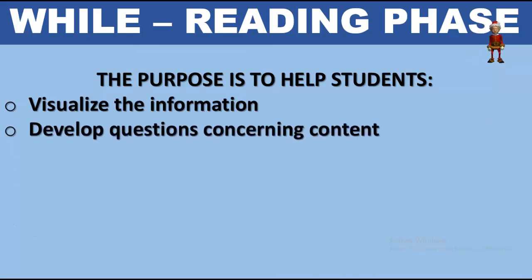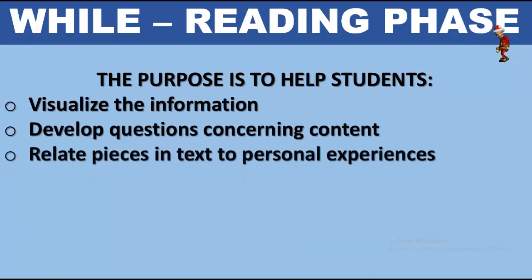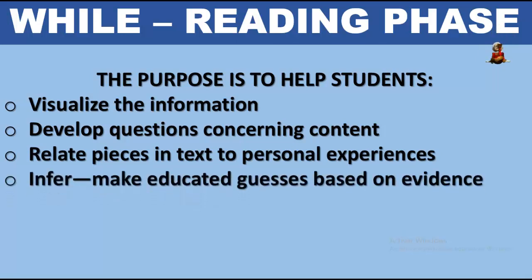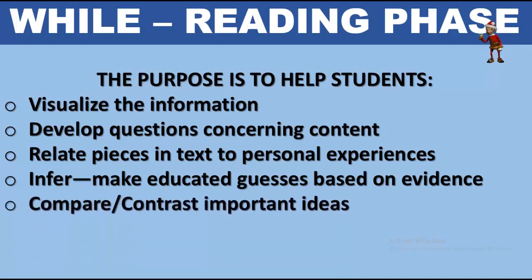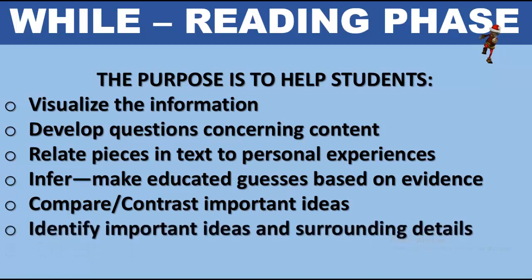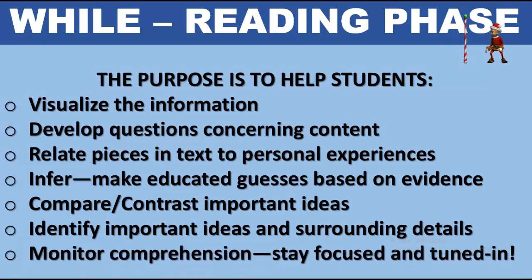develop questions concerning content, relate pieces in text to personal experience, infer or make educated guesses based on evidence, compare or contrast important ideas, identify important ideas and surrounding details, monitor comprehension, stay focused and tuned in.